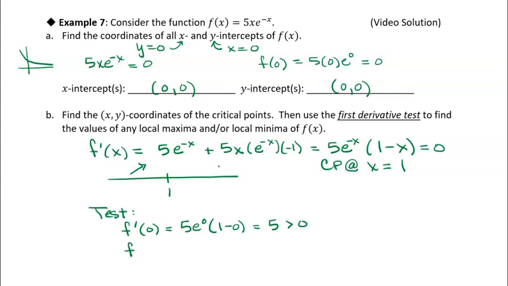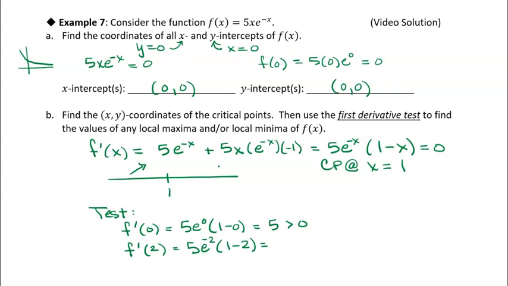And then let's test a point on the other side of 1. Let's try 2. And I'm going to get 5e to the minus 2, and then 1 minus 2. This is essentially 5 over e squared.